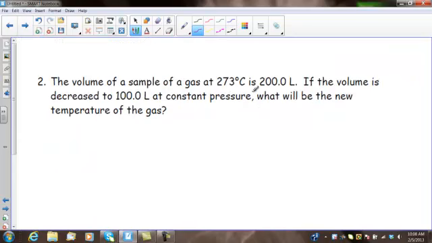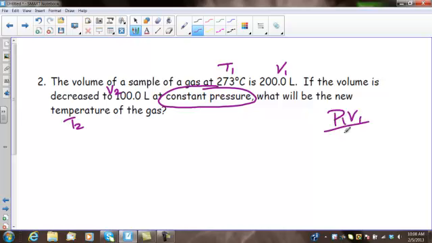The volume of a sample of gas at 273 Celsius, T1, is 200 liters, V1. If the volume is decreased to 100 liters, V2, at constant pressure, that's important, what will be the new temperature, T2? The first thing I want to realize is that in P1, V1, T1 equals P2, V2, T2, my pressure is constant.